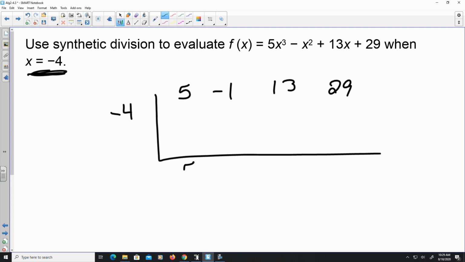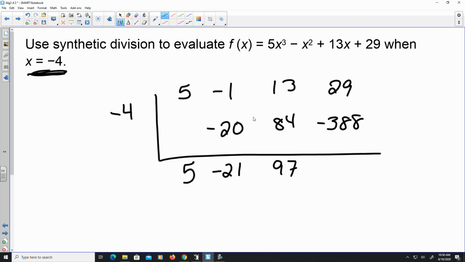Drop down the 5, times that by negative 4, which is negative 20. Add them together, negative 21. Negative 21 times negative 4 is 84. Add those together, we get, what, 97? Times that by negative 4, I get negative 388.